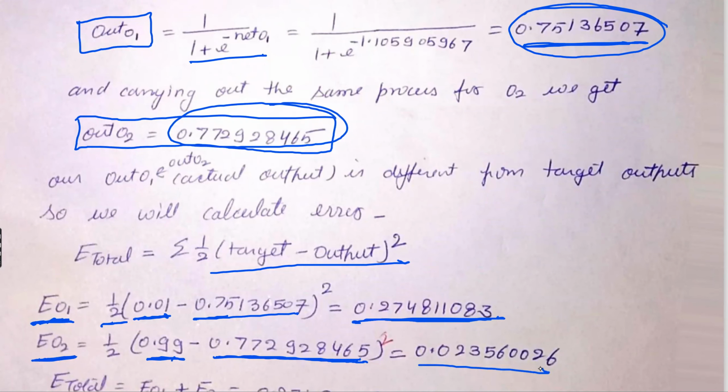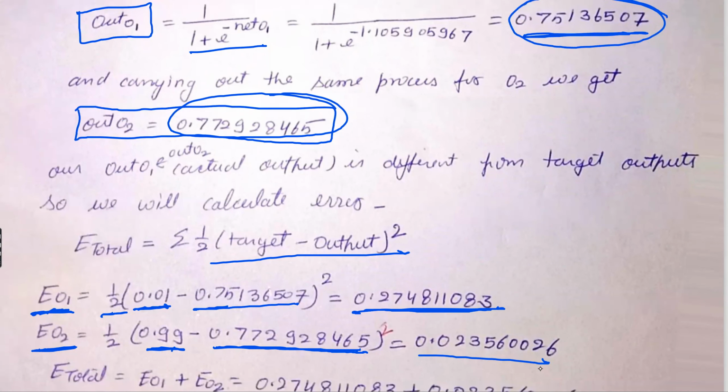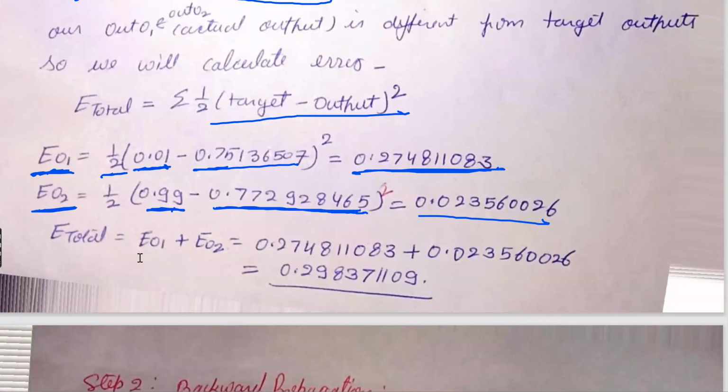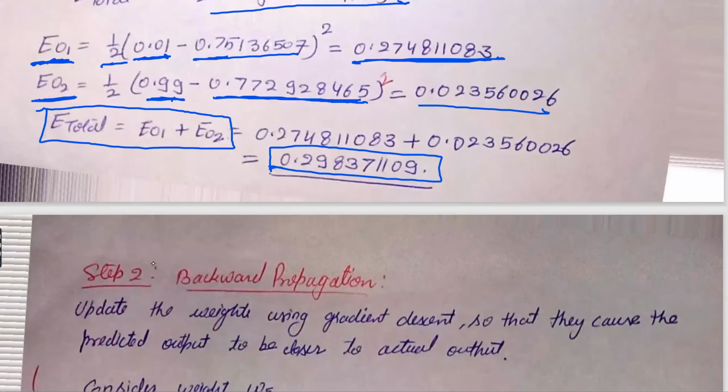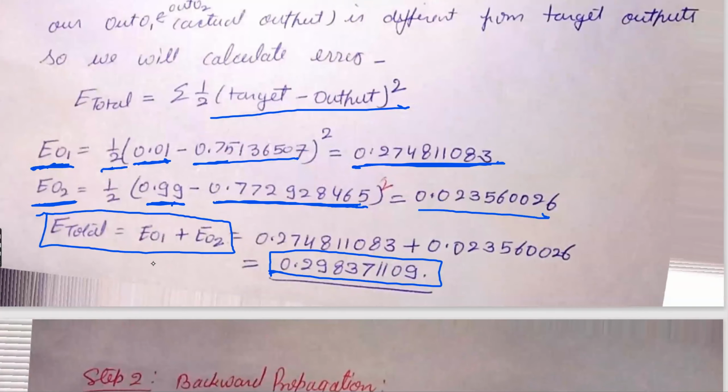So the total error is EO1 plus EO2, error of output O1 and error of output O2. We will add the error of both the outputs and we will get the total error.